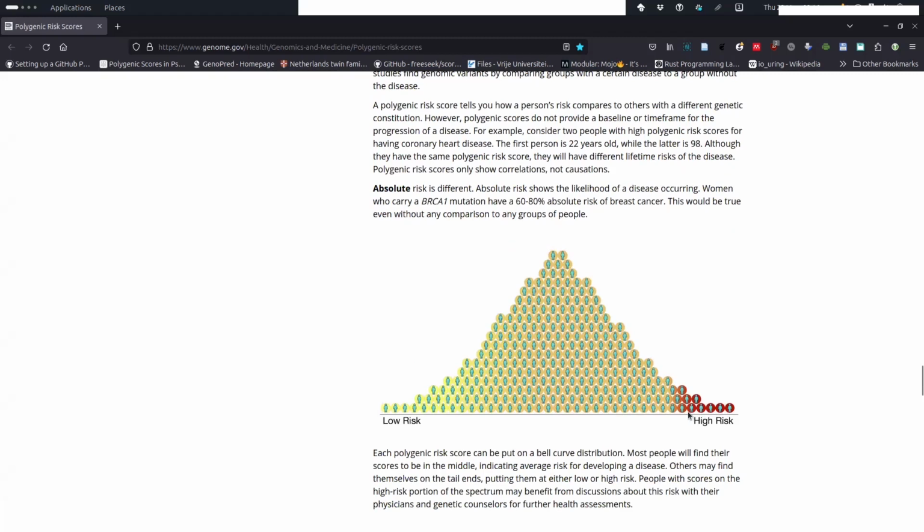This is a distribution of polygenic scores in the population. Most people, for a given disease or a given trait, will be somewhere here in the middle of this distribution, and some of them have a decreased risk at the left-hand side of the distribution, and some of them will have a high risk on the right-hand side of the distribution.